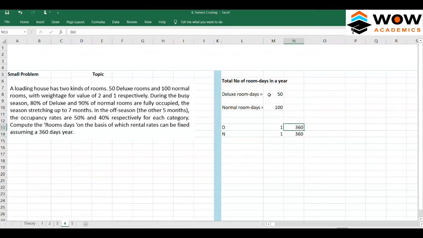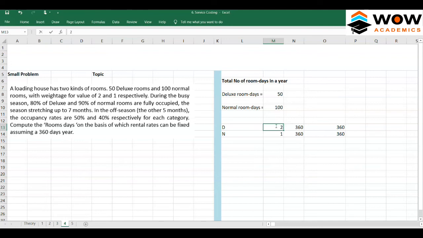So put together, we don't have 360 room days and 360 room days here. What we have is a weightage. Every one room of deluxe will earn, as well as cost in operating it, twice that of a normal room. So how many normal rooms do you have?